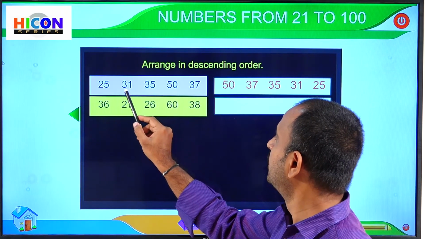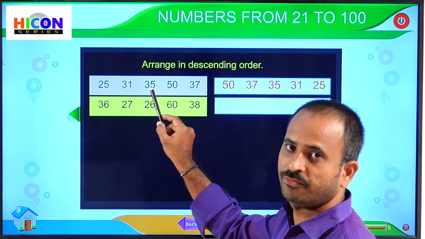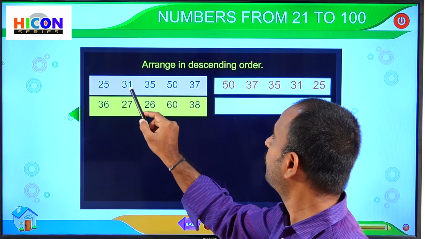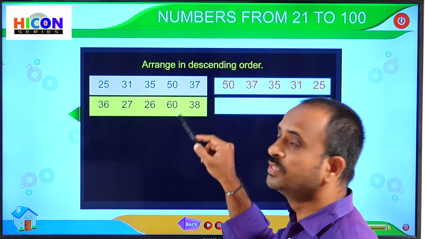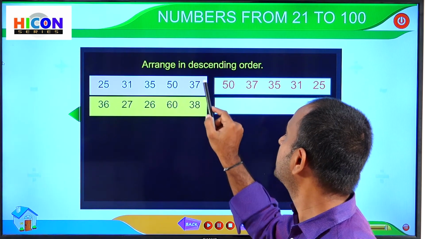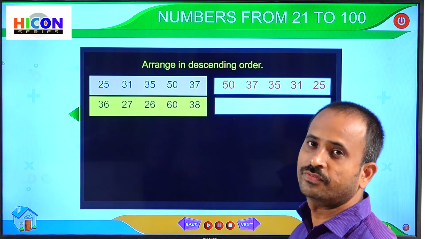What is the second digit in 31? 1. In 35? 5. And in 37? 7. So among 1, 5 and 7, which is the greatest digit? 7 is the greatest digit. That is, 37 is the next greatest number. So write 37 after 50.